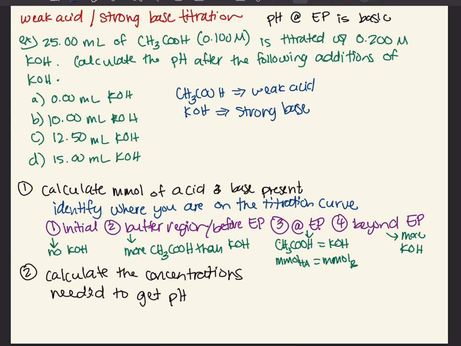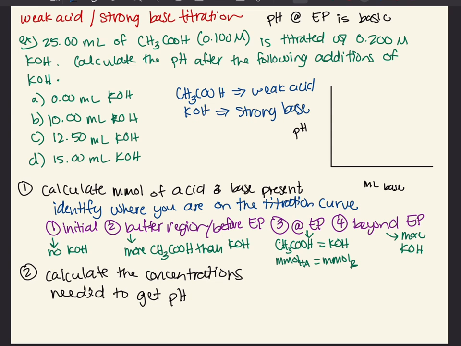Now, let's look and see what this titration curve is going to look like. So I can establish my curve. I'm going to have milliliters of base on my x-axis, and then I'm going to have pH on my y-axis.